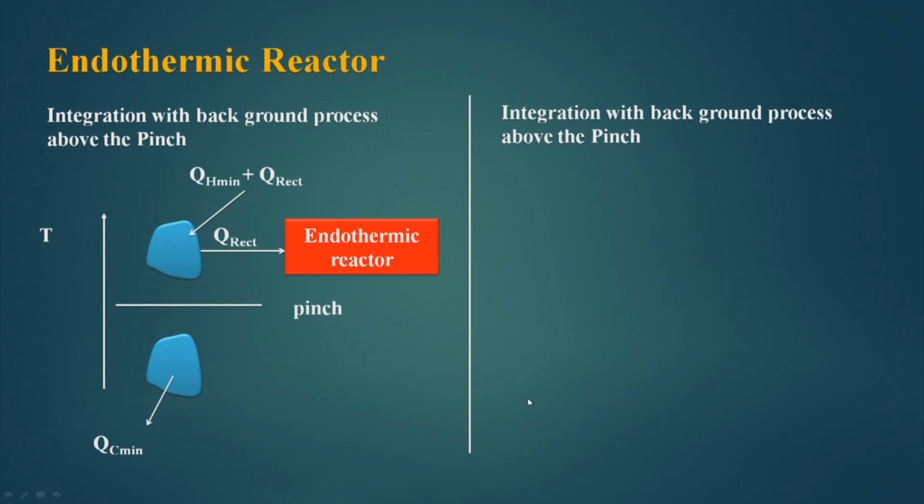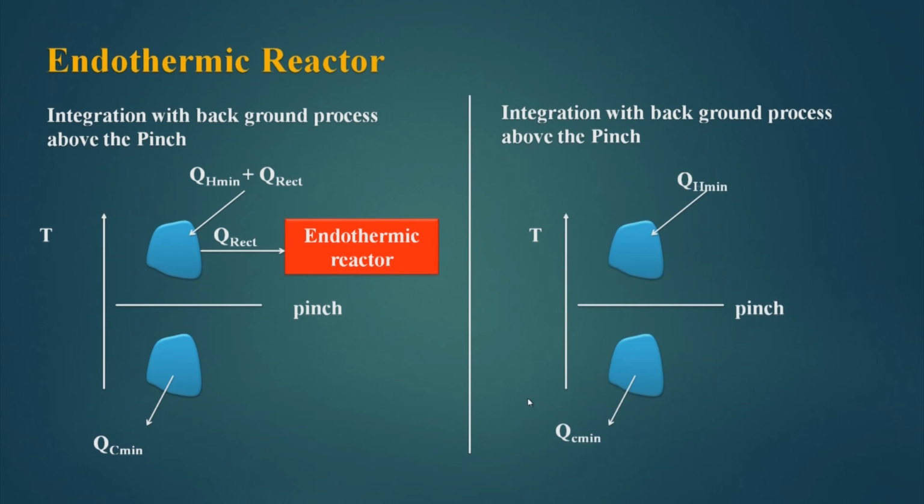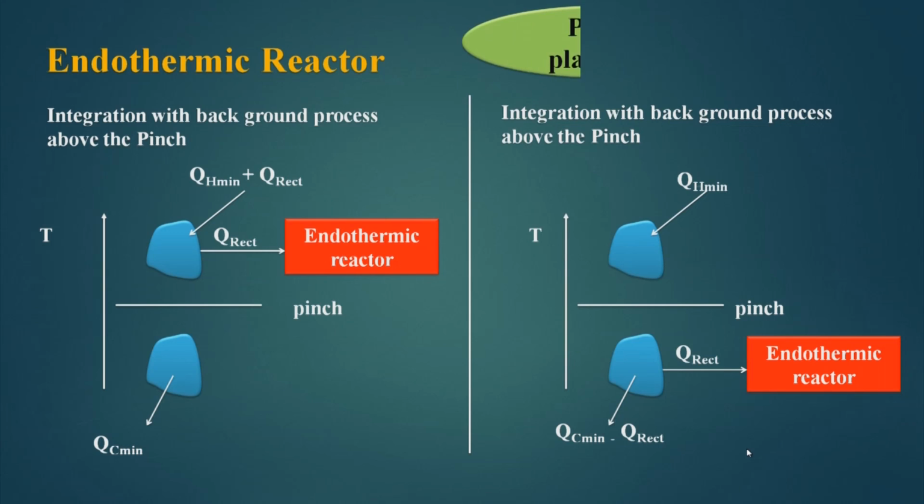If I integrate it below the pinch, extra heat is available here which can go to the endothermic reactor. So, it will reduce the cold utility amount of the process, and this is acceptable. So, proper placement is this: if it is an endothermic reactor, below the pinch; if it is an exothermic reactor, above the pinch.